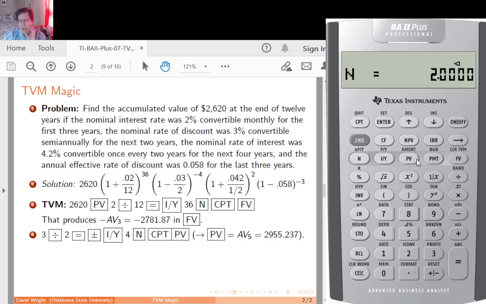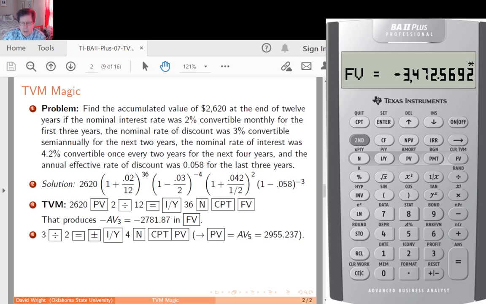And at that point, we have the present value is already in there. You can see it's still in there, 2955. And so all we have to do is hit compute future value. And there it is, minus 3,472. So after the next phase, we're up to 3,472.57. And now think about it, how am I going to do the discount for the last one?